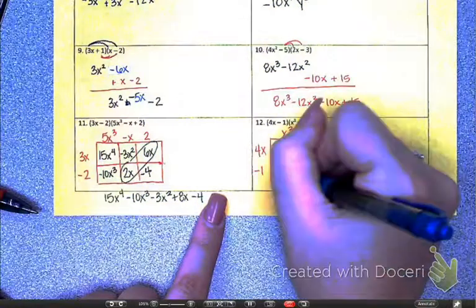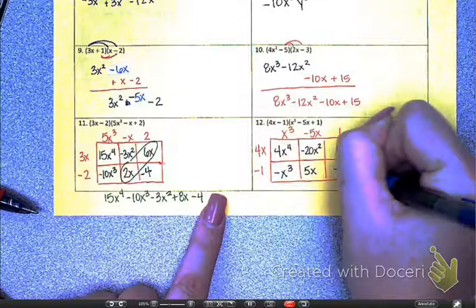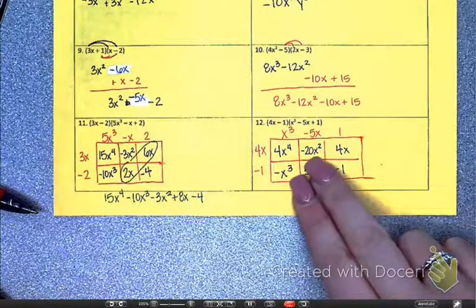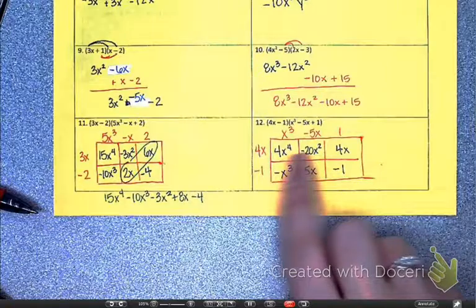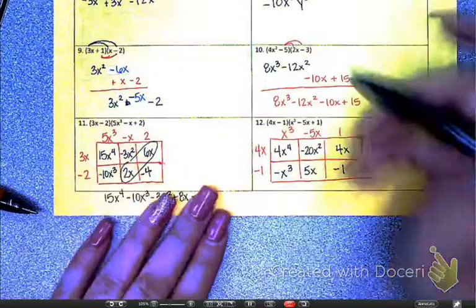And along the bottom, I have a negative x to the third, a positive 5x, and a negative 1. Those should be like terms. Well, those are potentially like terms, but if I check, x times x is x squared, and I have an x to the third, so they're not. But these are, so I'm good there.